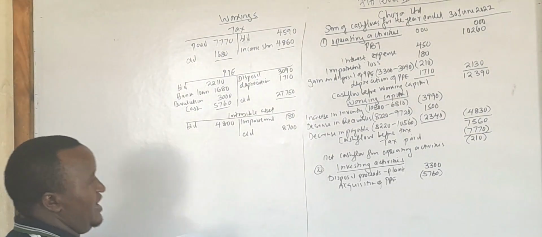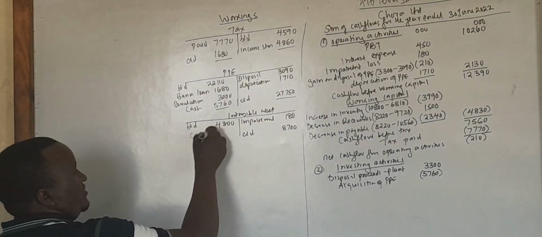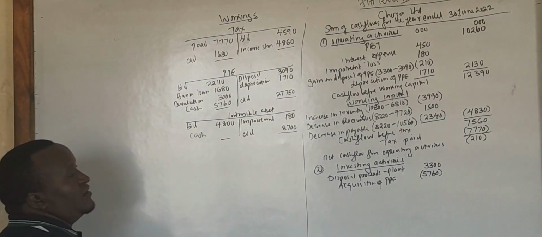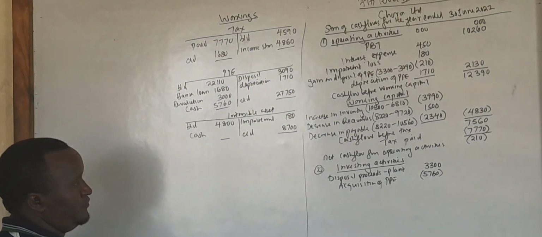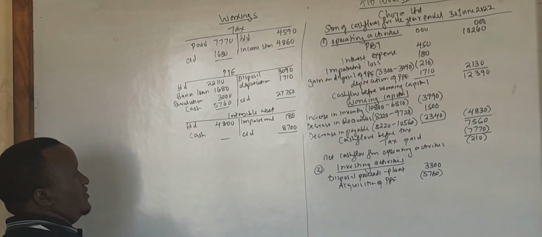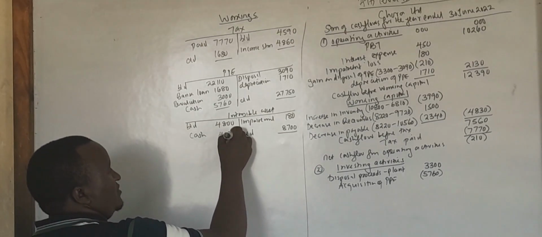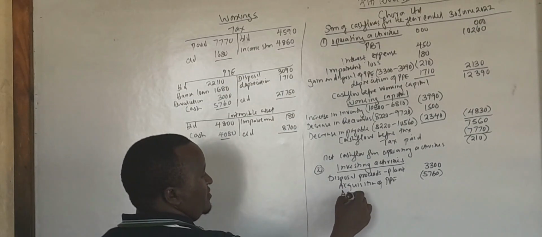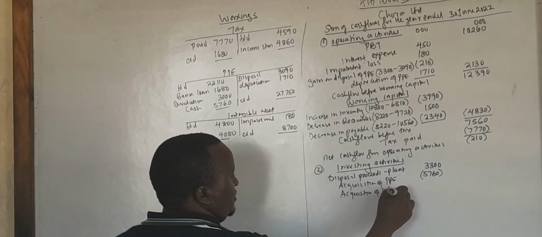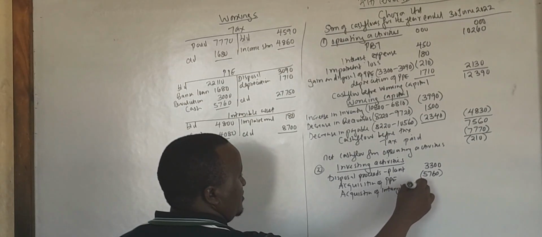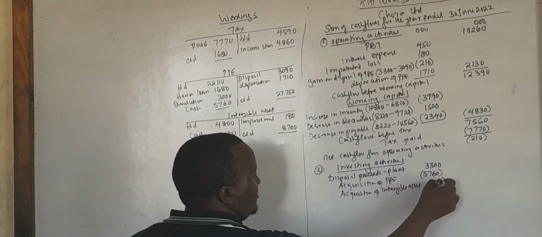So balance with what we acquired in cash, $48. So acquisition of intangible asset of 4080. Again, that one be minus.